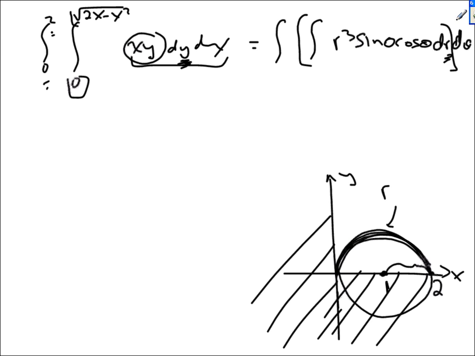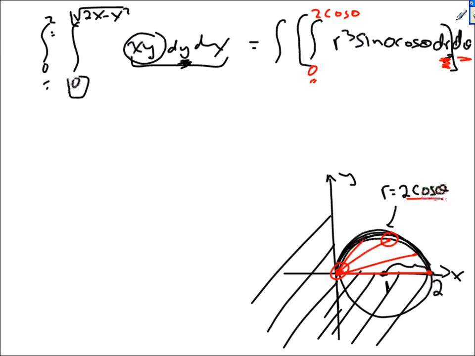Those points are on the polar curve r equals 2 cosine theta. So the r's start at 0, they finish at 2 cosine theta. Remember, that's r, so those are r limits.